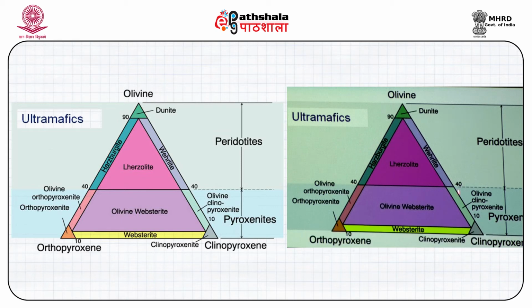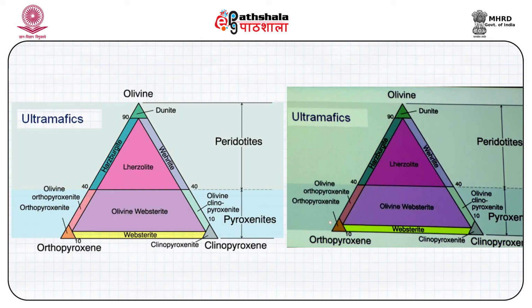Similarly, olivine and clinopyroxene will form wehrlite, but for both these rocks the olivine has to be more than 40%. Less than 40%, what we have here is olivine websterite. Websterite is orthopyroxene and clinopyroxene rich, with less than 10% olivine. When more than 10% olivine is present, it is called olivine websterite.